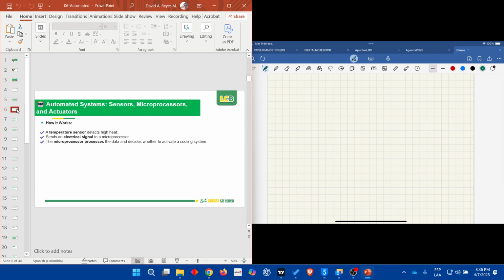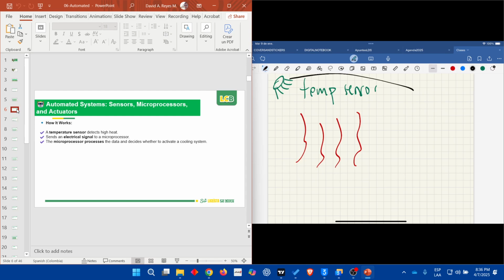Let's suppose that here we have a temperature sensor. If the heat increases, the sensor sends that information to a microprocessor.